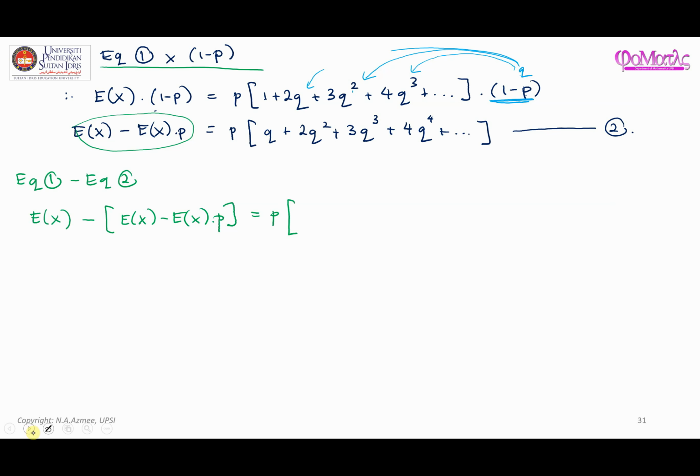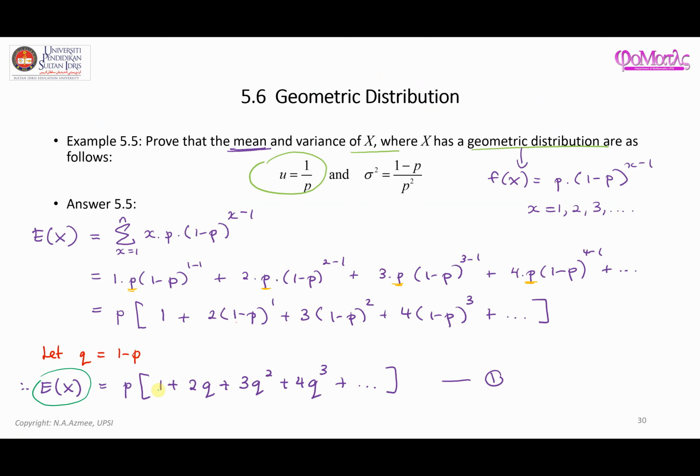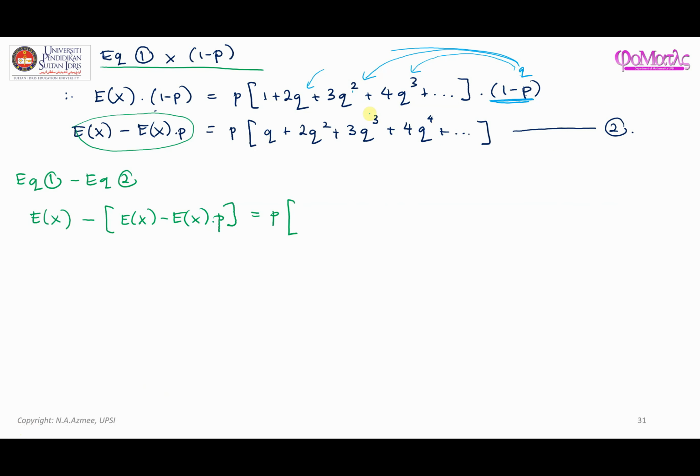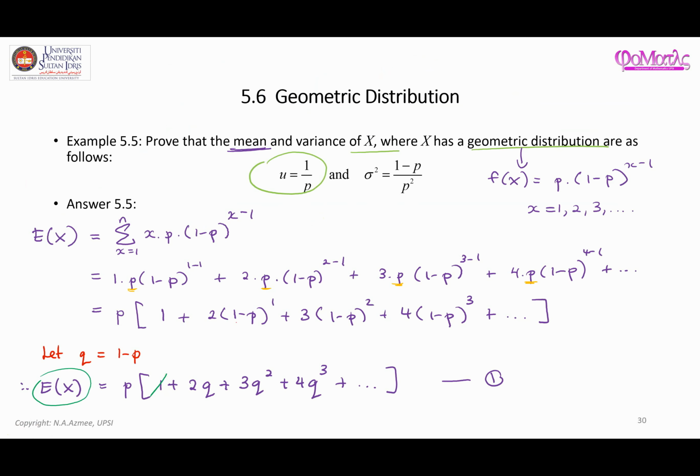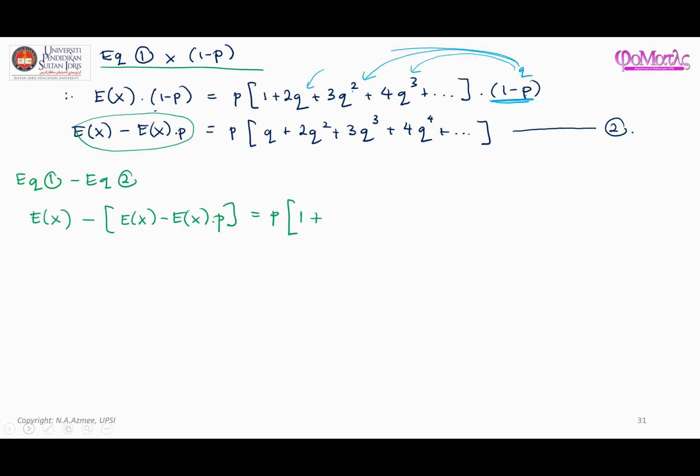Next, we're going to consider, for example, 1. So 1 minus, is there a number inside here? There's no number, so that means 1 minus 0, so it's going to be 1, right? Next, plus, okay, we're done with this part. 2q minus q, so it's going to be plus q.